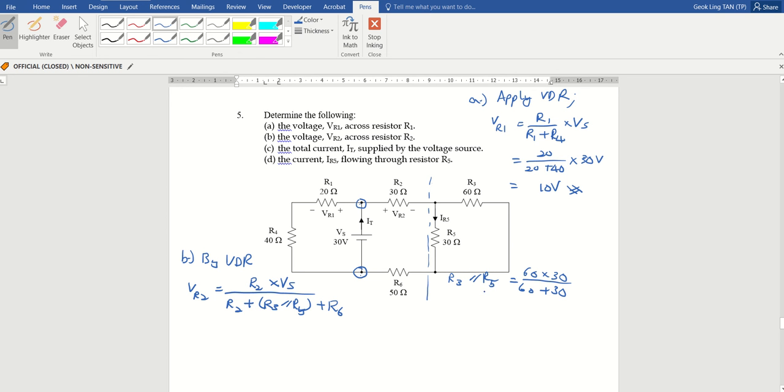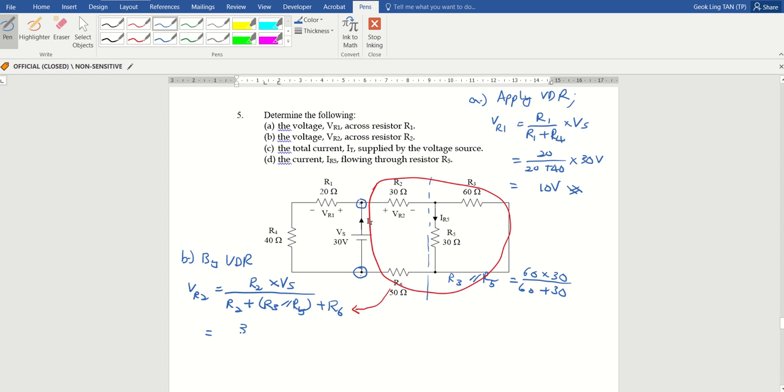Okay, the whole thing here. I'm going to use a red pen. The whole thing. This part here. Okay, it's this. Okay, in series.